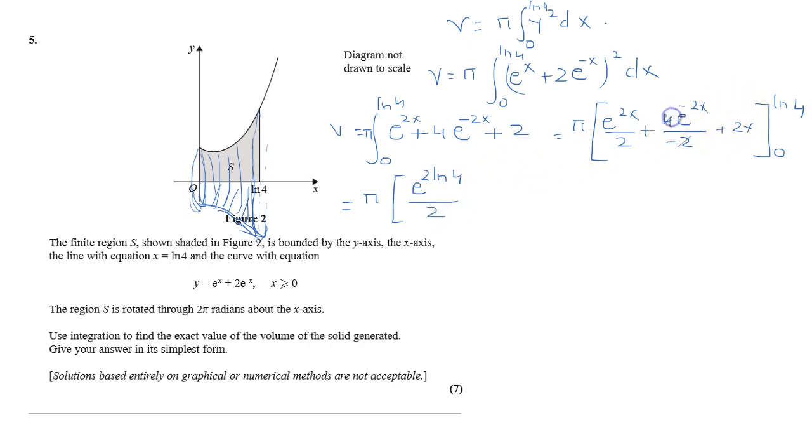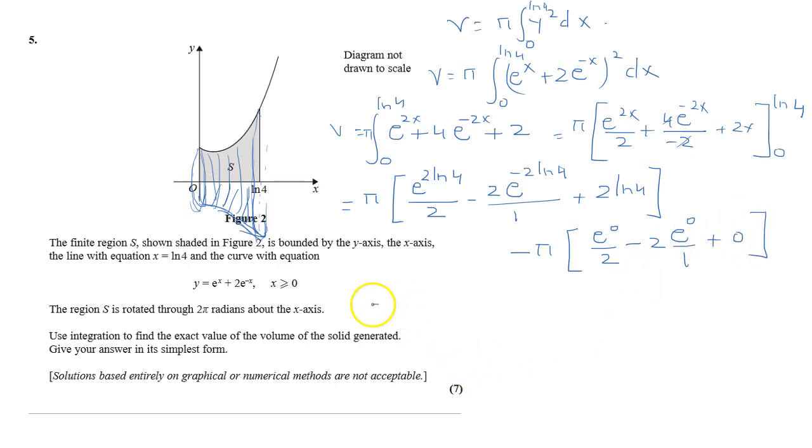This will be cancelled by 2, and this is minus, so minus 2 e to the power minus 2 ln 4, this is 1 only, plus 2 ln 4, minus pi times e to the power 0 over 2 minus 2 e to the power 0 over 1 plus 0. So that is pi, let me take pi as the common factor again.